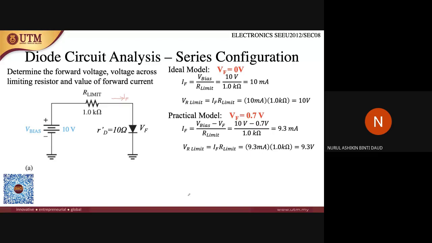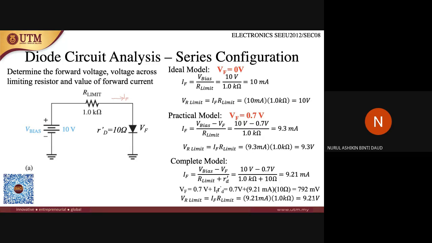Okay, so if you want to calculate the voltage for this resistance, you multiply the current value times the resistance value, so you will get the voltage for the resistance as 9.3 volts.